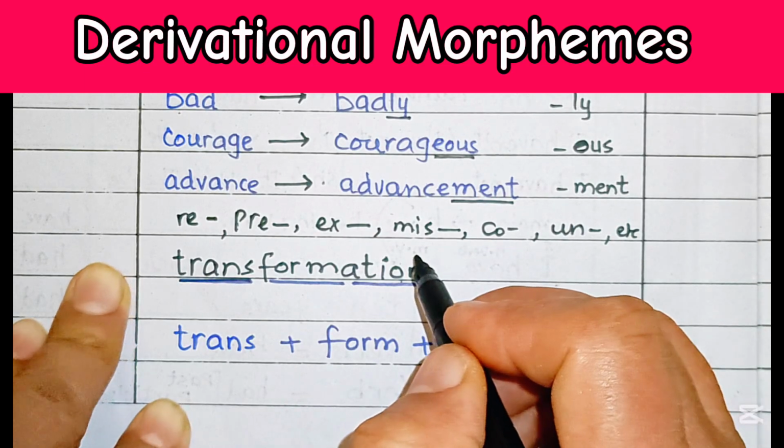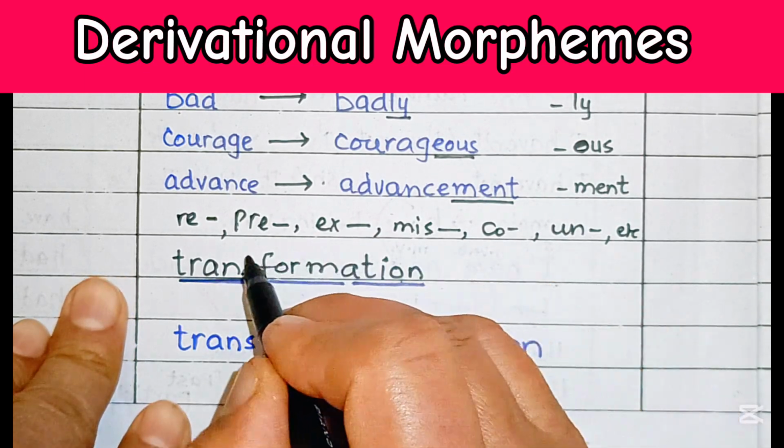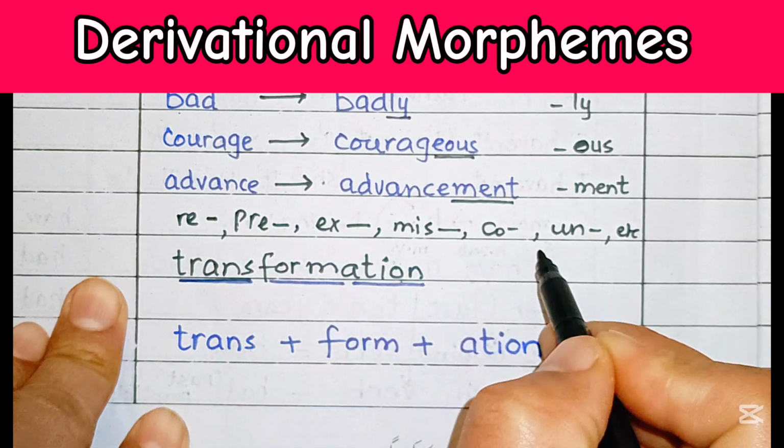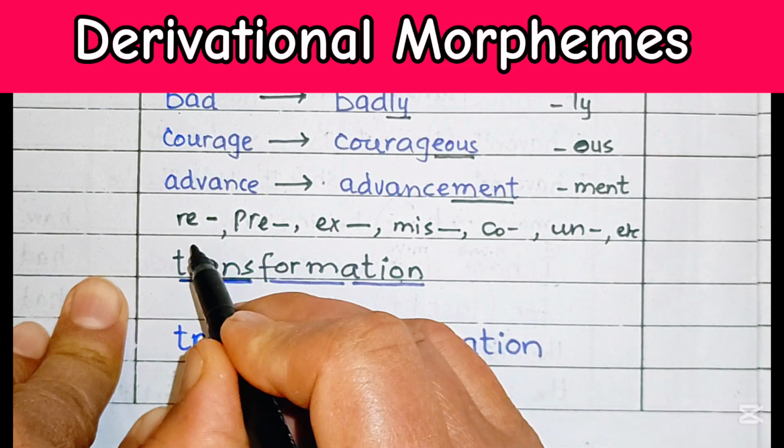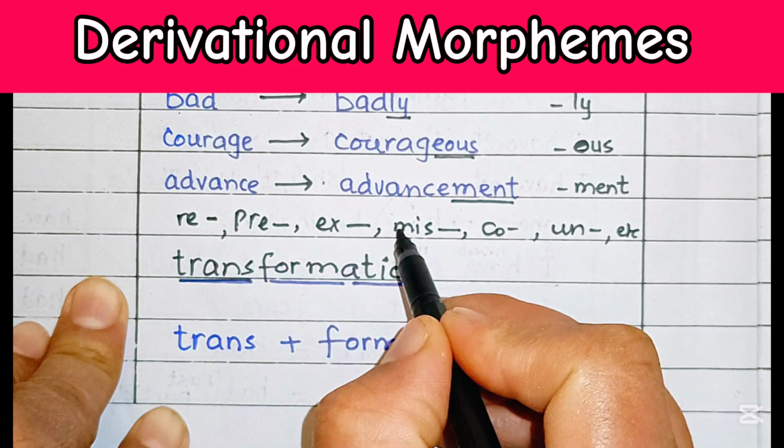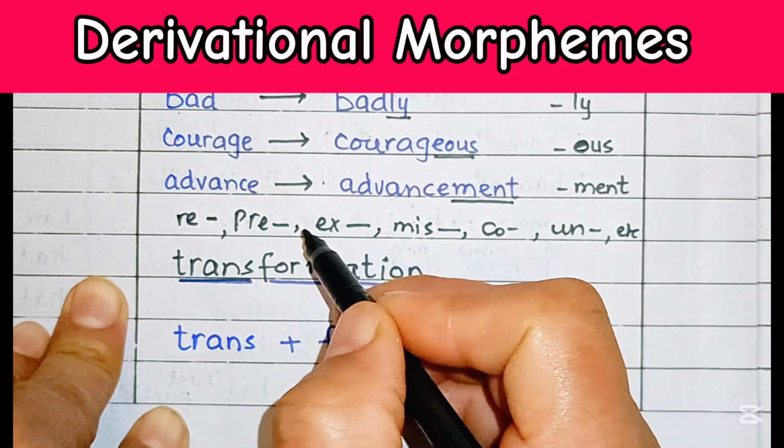So as I mentioned, derivational morphemes will also include prefixes like these, and many more.